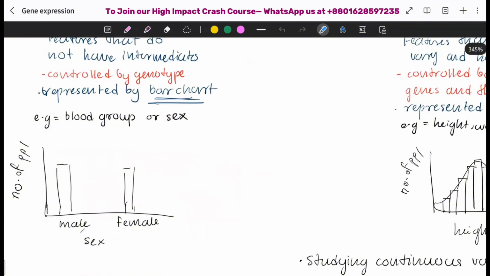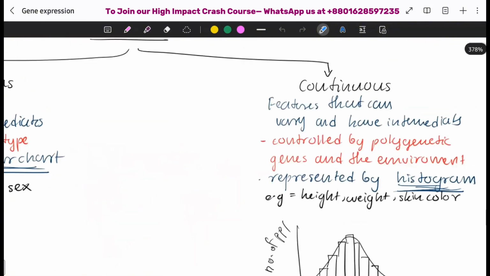For continuous variation, the main difference is that it has intermediates. Let's say we're talking about the height of people. One person can be 5, another 6, one 4.11, one 5.11, so 4 point something, 5 point something, 6 point something. There are intermediates, not exactly 4 or 5, so that's why it's continuous.